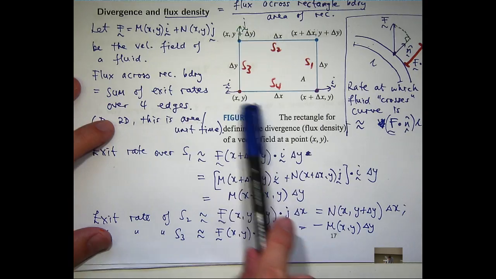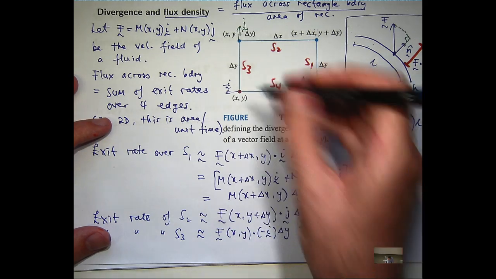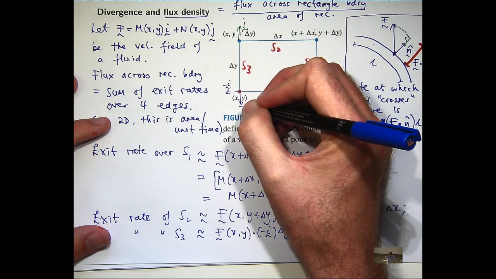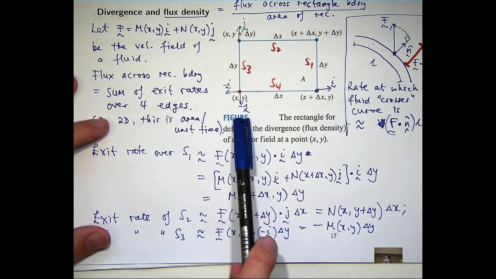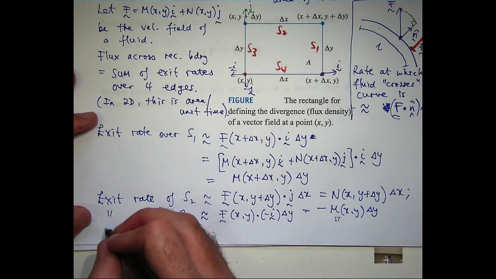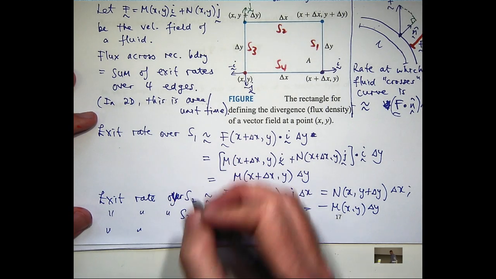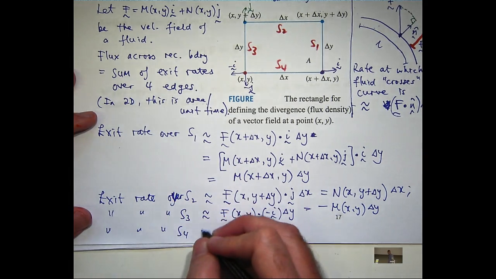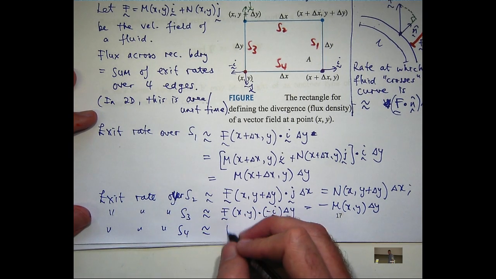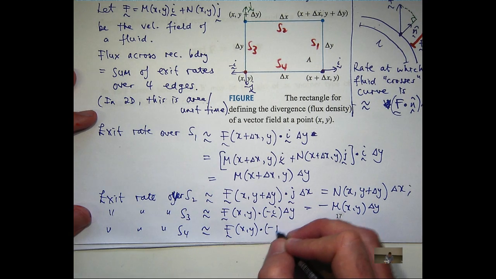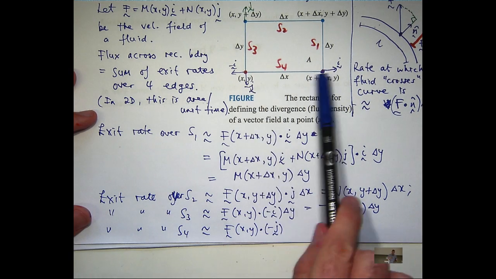And lastly, what about this side S4? Well, I'm going to choose the same sample point as before, and this is going to be my normal vector, minus j. So I guess over is a better word to it. S4. Okay, times that by the length delta x.